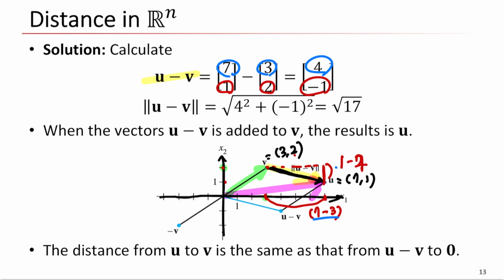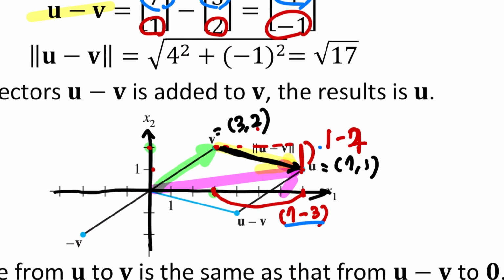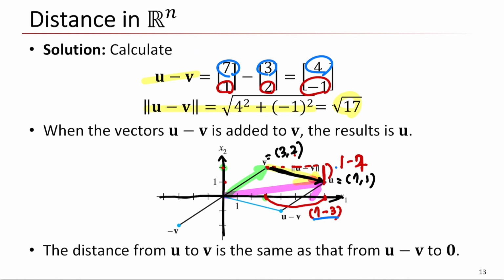Okay, so this vector is 4 comma negative 1. So what is the length of u minus v here? We can compute it like this, right? Square root of 4 squared plus negative 1 squared, so it will be the square root of 17, right?